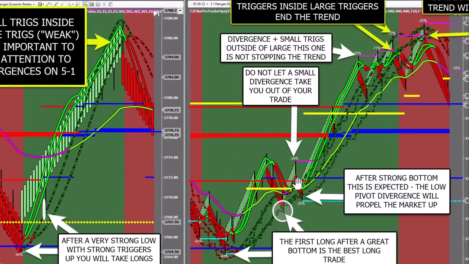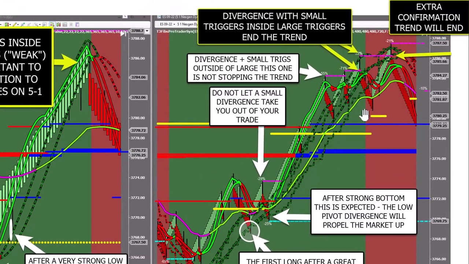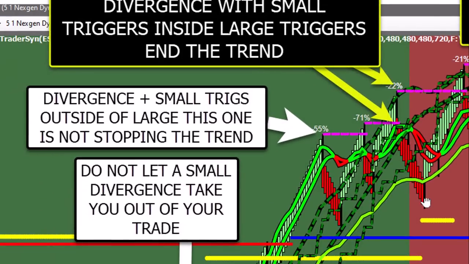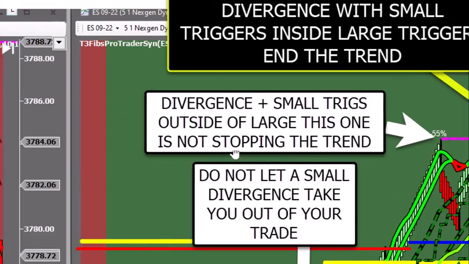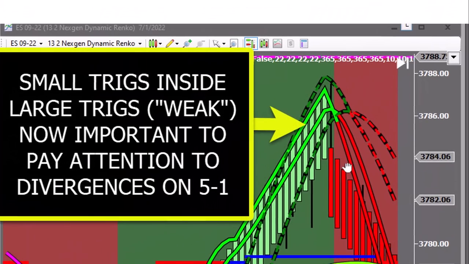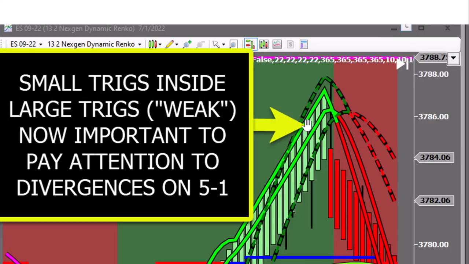Let's assume you stayed in and you made a bunch of money and you're going long again, and that's all fantastic. Now you're going to get divergence with the triggers inside your large triggers again. And you're going to say, well, John, you said I don't have to get out. And I'm going to say, well, what was the condition of your 13-2 triggers when you were deciding to stay in?